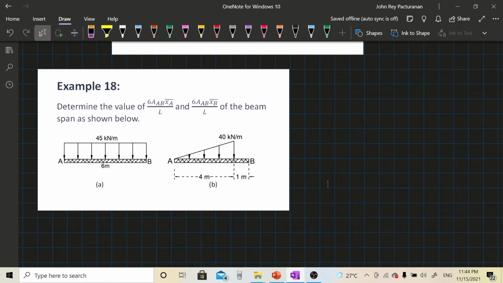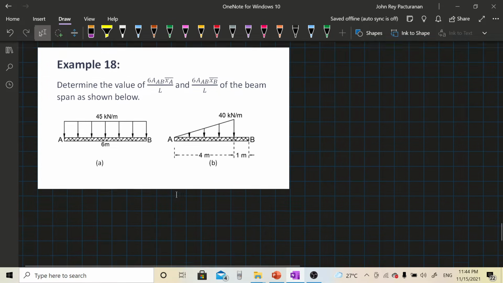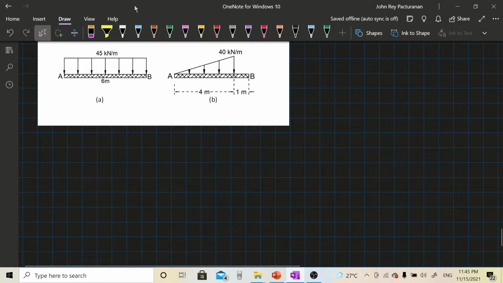Determine the value of 6Aa centroid at A and 6Aa centroid at B of the beam span as shown below. Okay, so let's consider span A. Solution for span A.